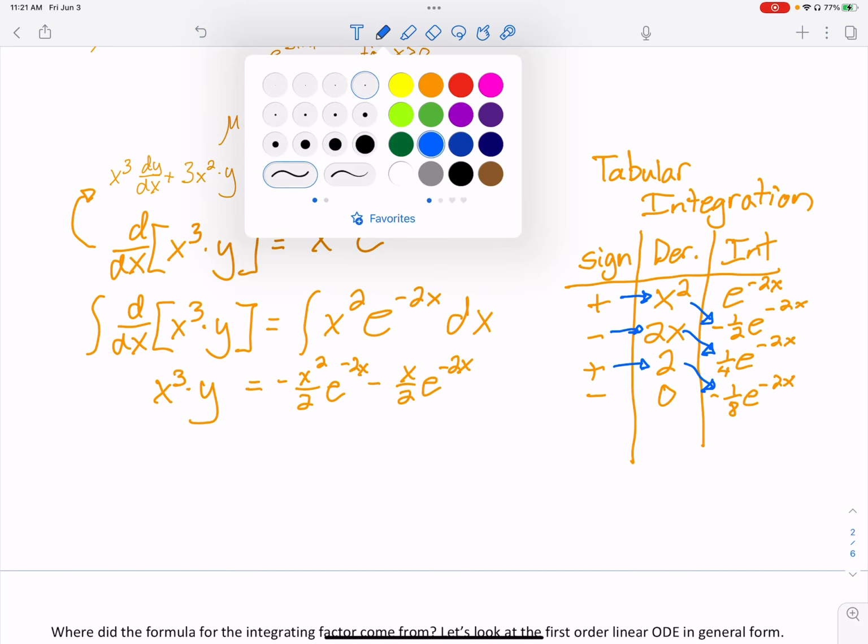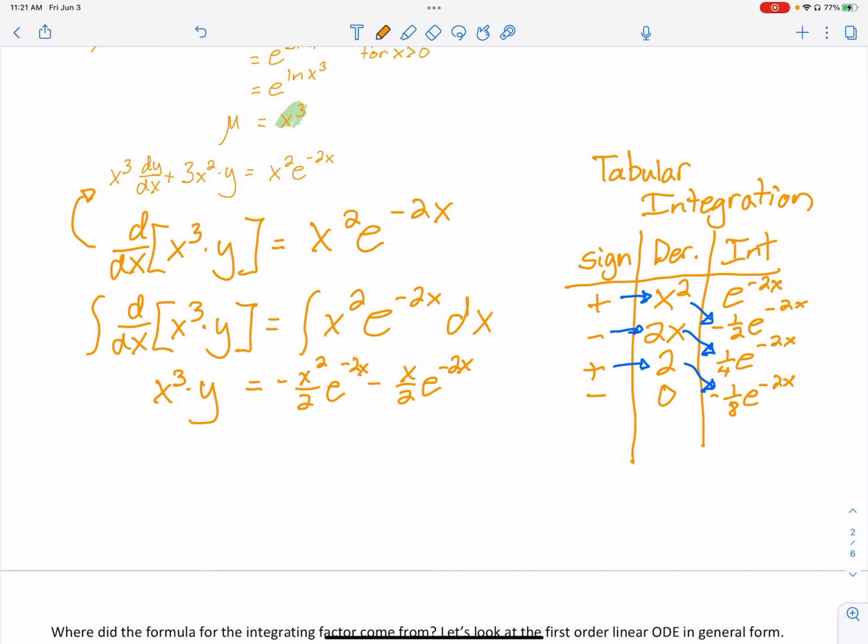So 2 over 8 is a fourth, so minus 1 over 4 e to the negative 2x, and then we get a plus c. I wouldn't keep going, because if I keep going here, minus 0 times, there's nothing else to multiply by anyway. So there we go. That's how you use tabular integration.